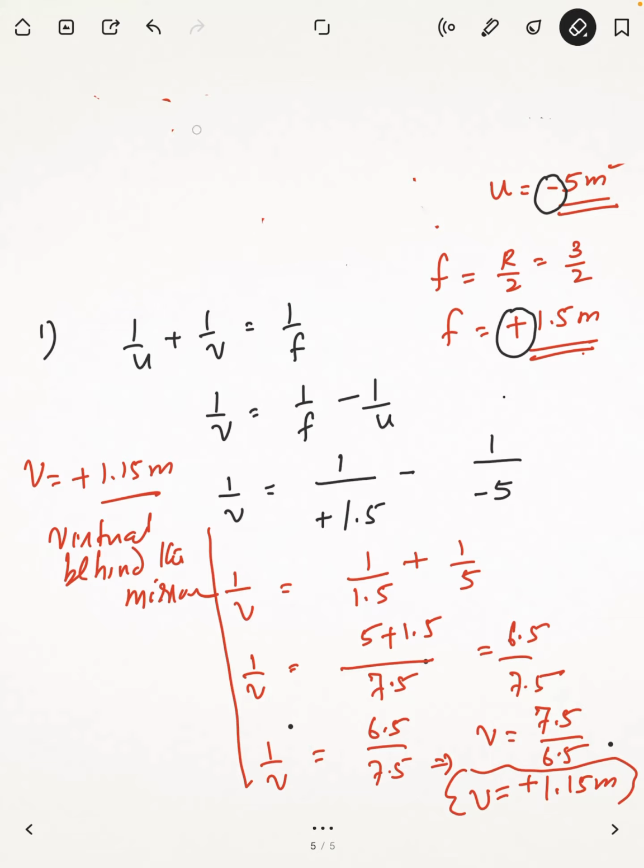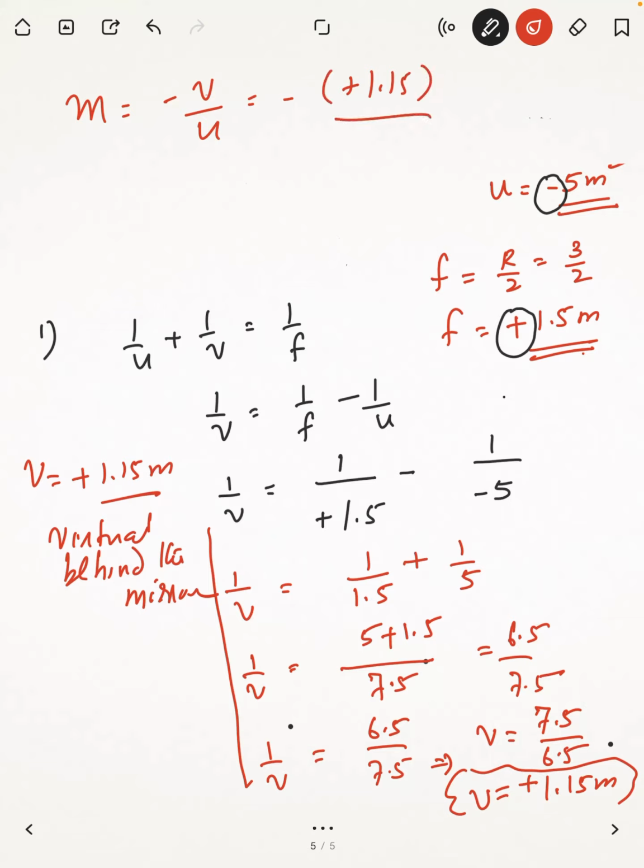M is equal to minus v by u, equal to minus, the value of v is plus 1.15 divided by, the value of u is minus 5. Minus minus cancel, and this is equal to 1.15 divided by 5. So you are getting a positive value, 0.23.